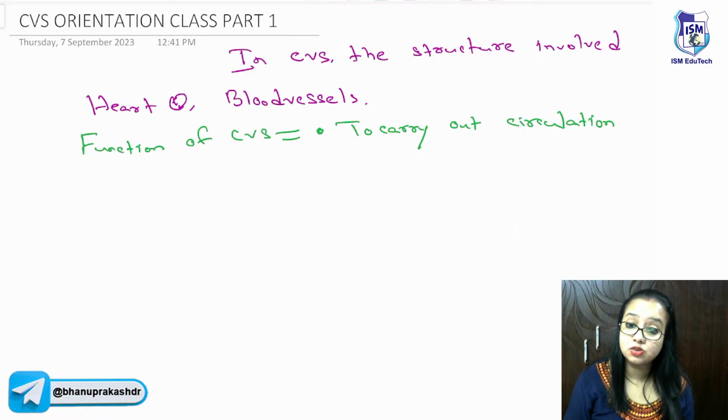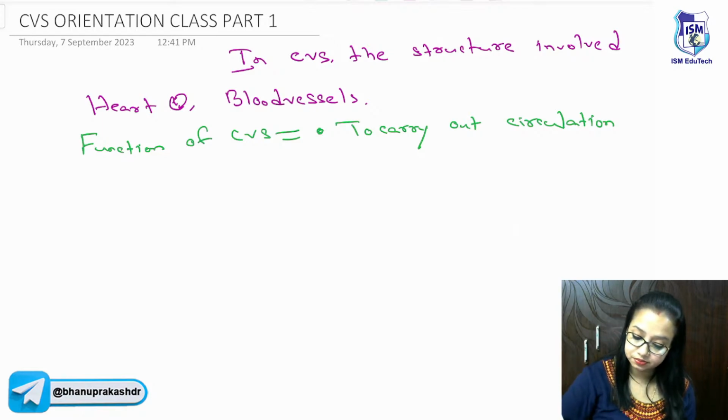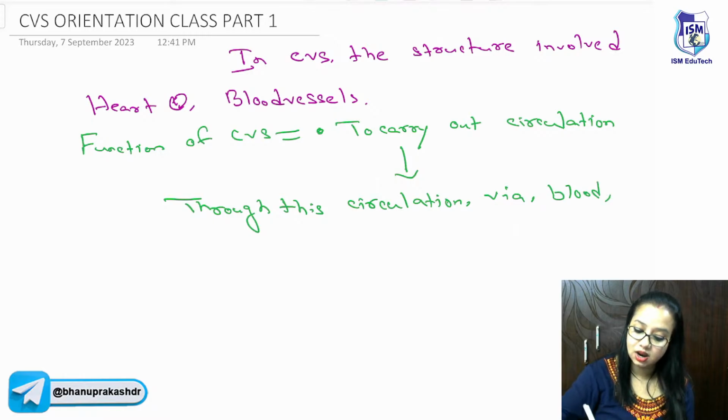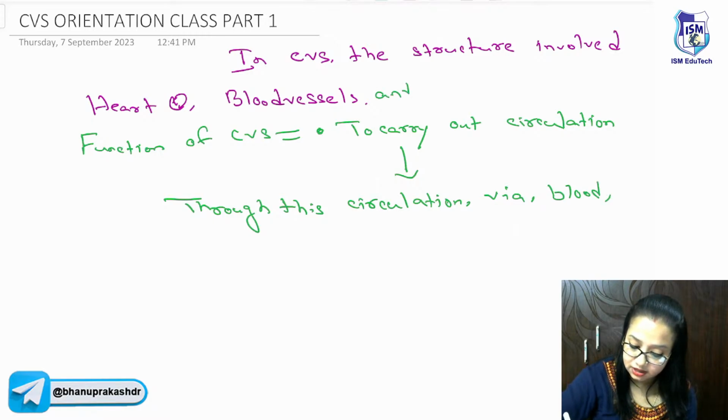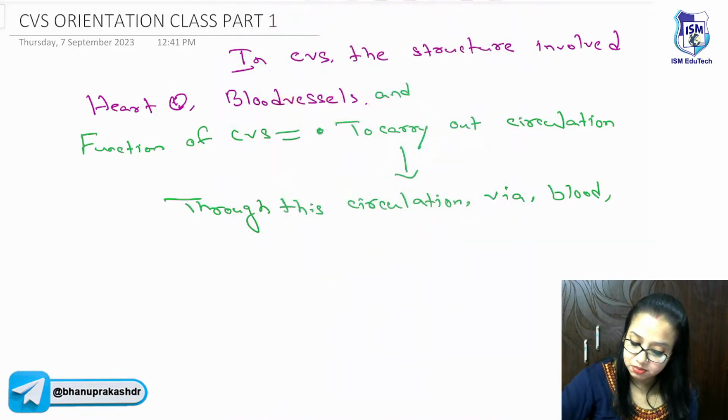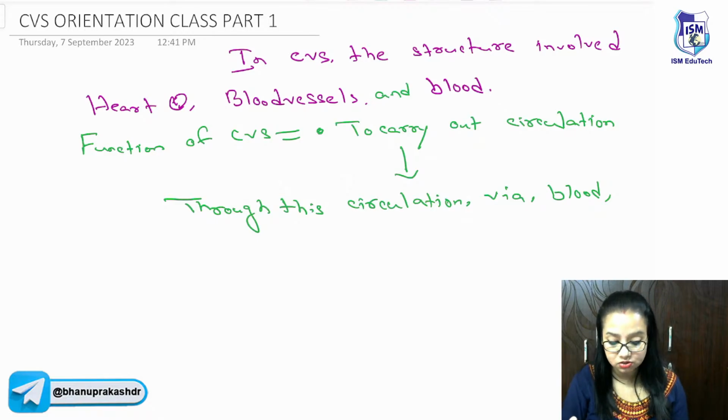Now, this circulation, why is it important? Because through this circulation via blood, okay, so heart, blood vessel and blood are the main or essential components of the cardiovascular system.